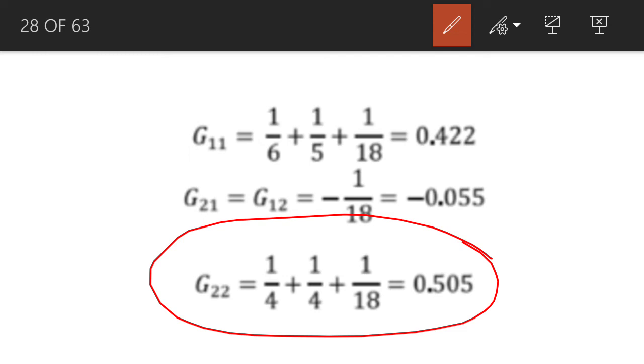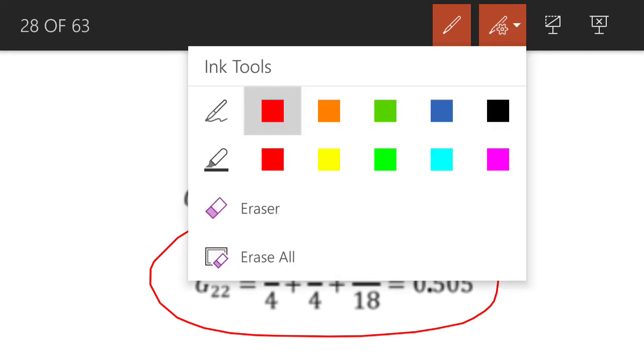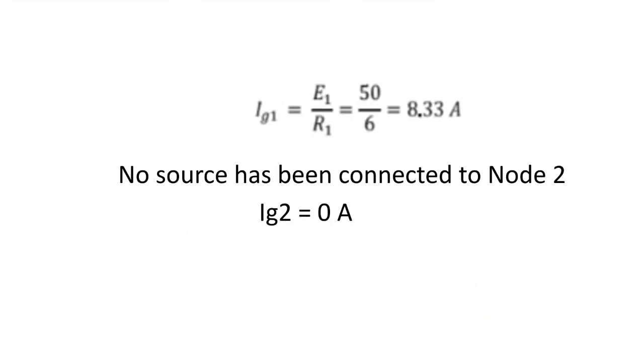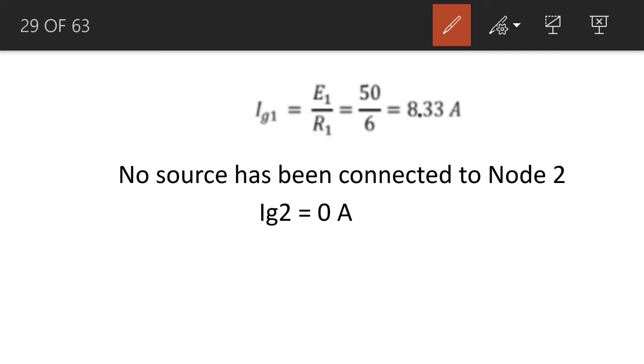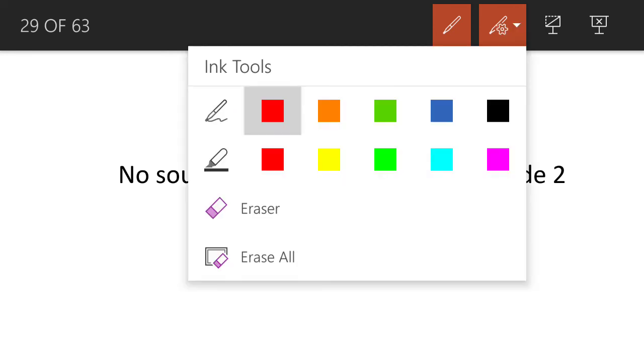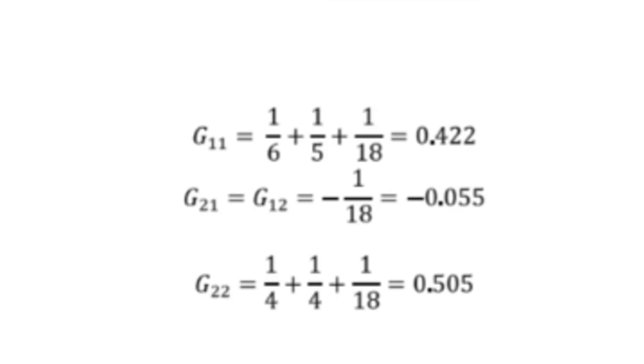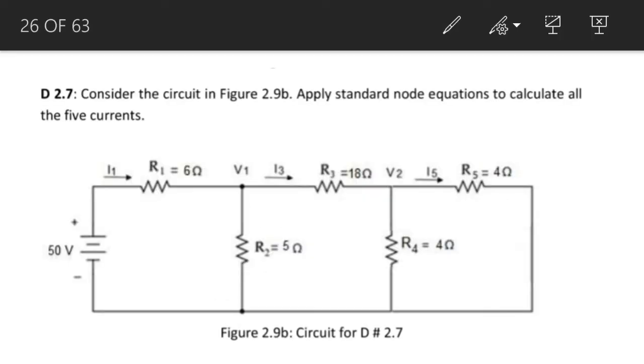So we have calculated the 4 elements of the G matrix. Now let us find out Ig1 and Ig2. For Ig1, we consider the source which has been connected to node number 1, and we divide the voltage of this voltage source by the resistance of the resistor which is in series with it.